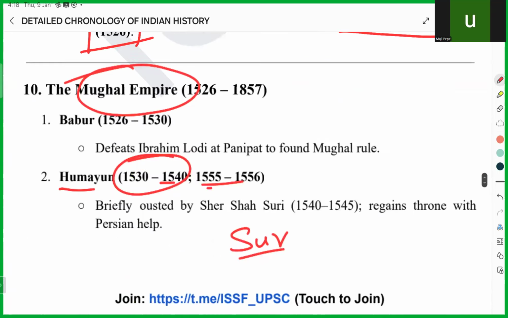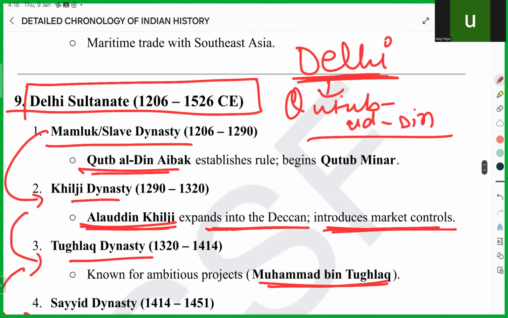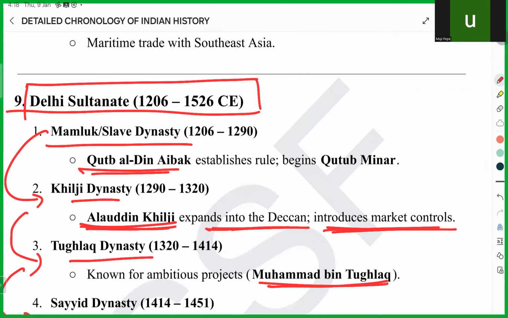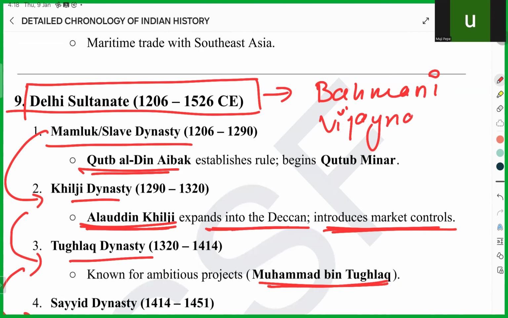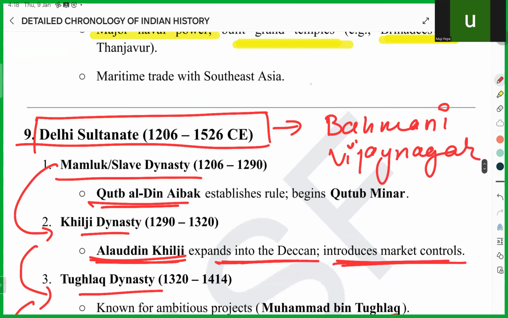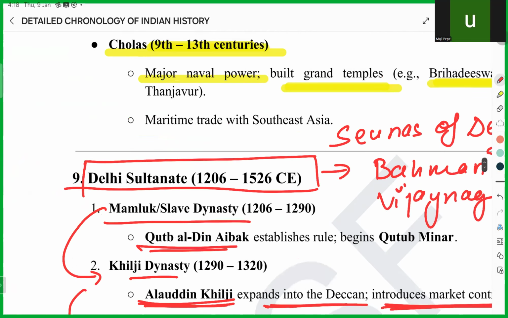So one thing to see here, at the time of the Delhi Sultanate, in the south we had the Bahmani kingdoms and the Vijayanagar empire as well. And then we also had the Seunas of Devgiri, and also earlier we had the Kakatiya. So there were many small kingdoms.